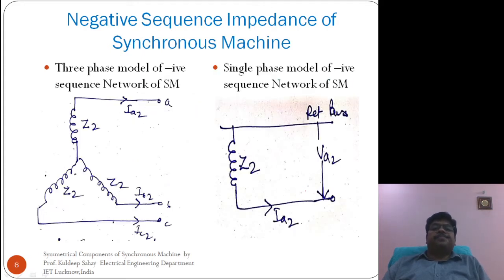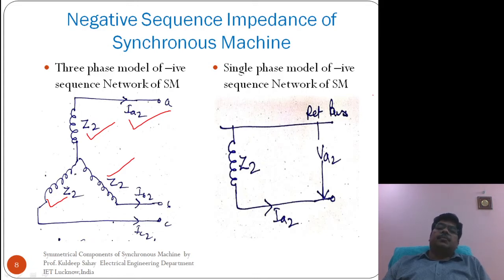Here there will not be an induced EMF in the case of negative sequence, so there is no induced EMF EA, EB or EC. Only the negative sequence impedance Z2 is shown for each phase, and there is a flow of negative sequence current IA2, IB2 or IC2.